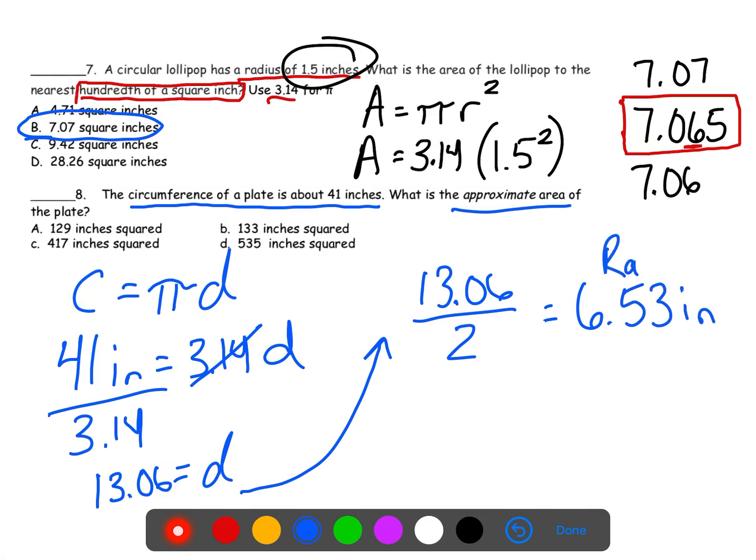Remember, that's the radius. All right, now we're just going to put that into our formula for area. We're going to multiply the radius by itself, or square it, and multiply by pi, 3.14. That gives us an answer that is closest to 133 square inches.